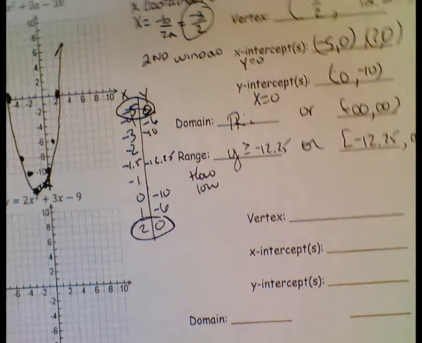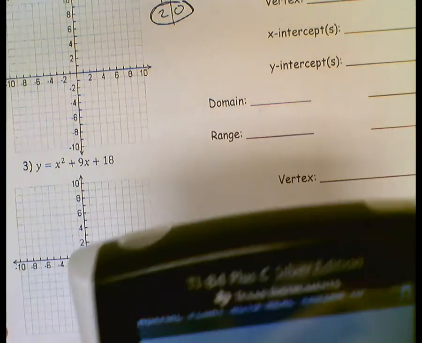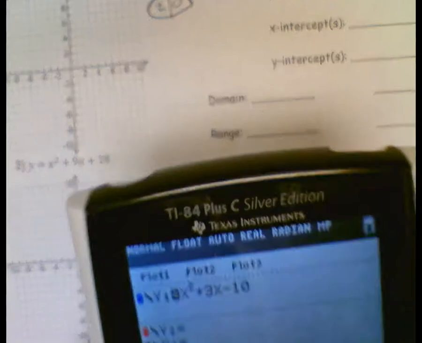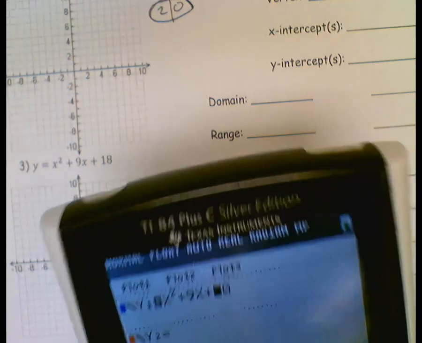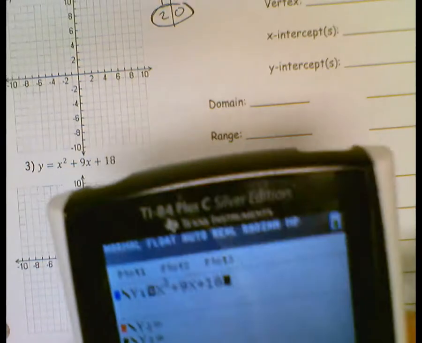That's it. Done. Okay, we're going to number 3. So let's graph number 3. I'm going to change that 3 to a 9, and that negative to a plus, and an 18. So it's x squared plus 9x plus 18. Let's graph that.